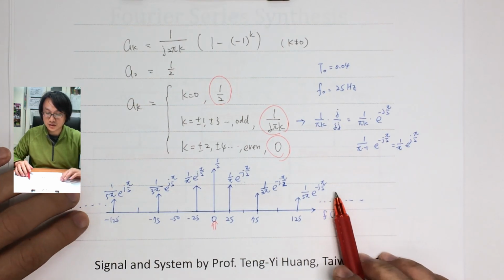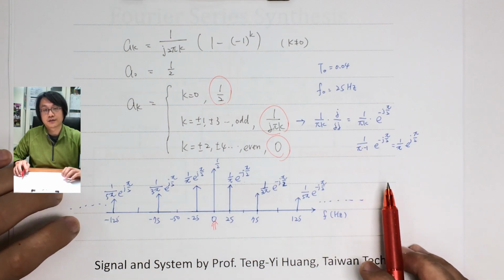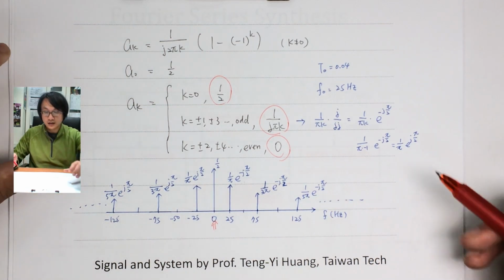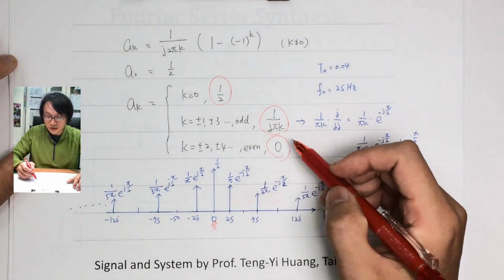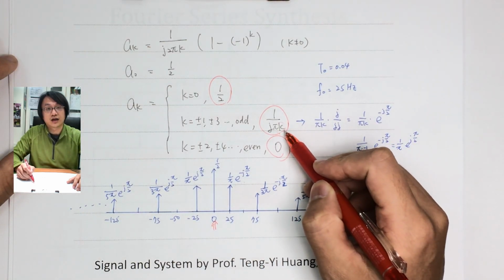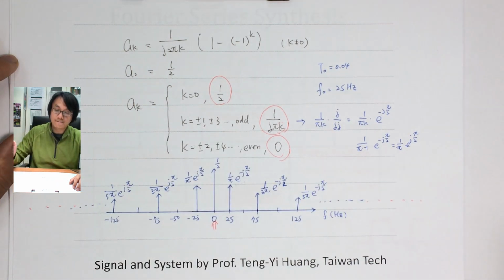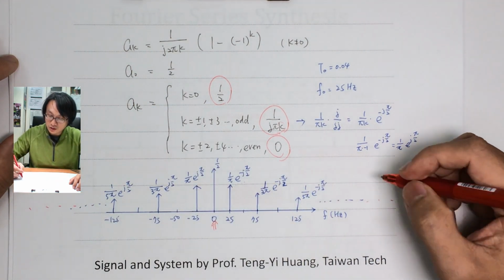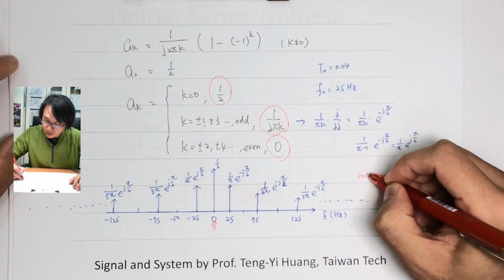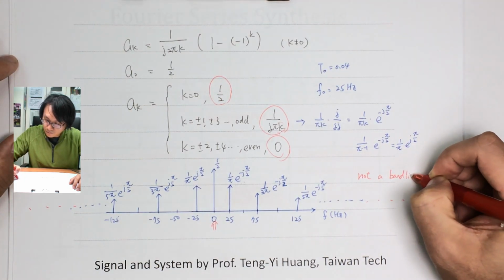If you plug into the formula, a square wave has infinite bandwidth, even for large k. For large k, there's still something, unless k goes to infinity. So there are frequency components all the way out, so it's not a band-limited signal.